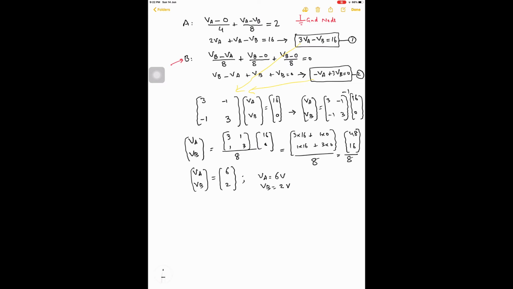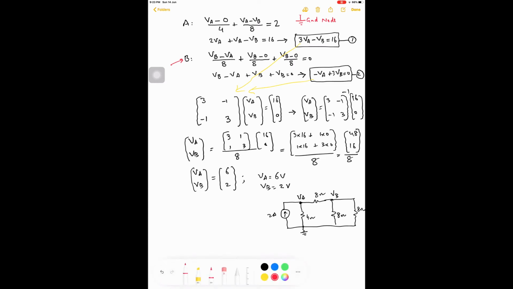Now let us verify it. I will reproduce the circuit again over here: the 2 ampere source, the 4 ohm resistance, the 8 ohm resistances. This was VA, this was VB, and this is the ground node.